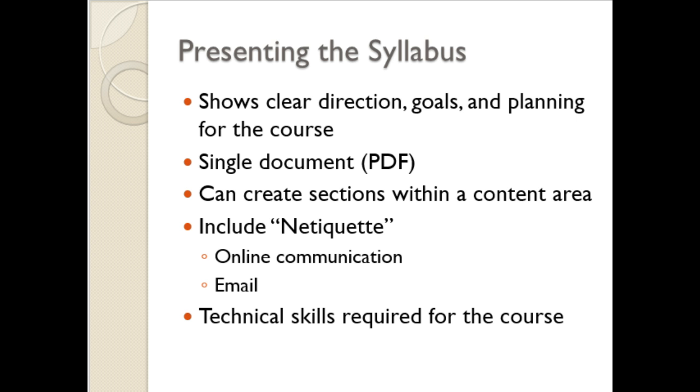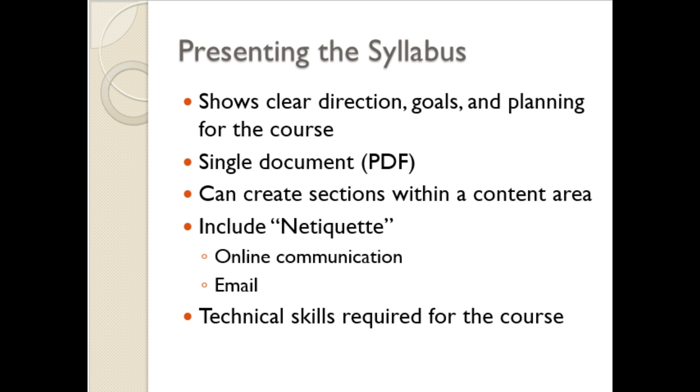Another idea is to create different sections within a content area to display your syllabus. So you may have a folder called syllabus, and within that folder have various items relating to the syllabus, like your course description, your learning outcomes, your grading policies, your course schedule, information about the textbook, and so on. By creating different sections within a content area, the students are able to very quickly navigate to what they want to read rather than having to go through an entire document.